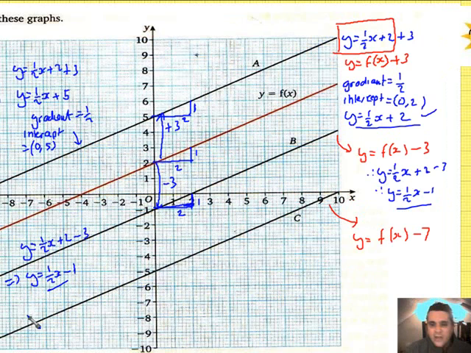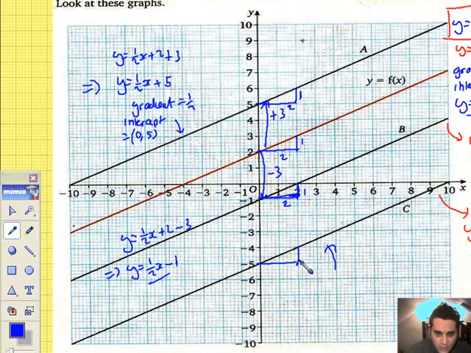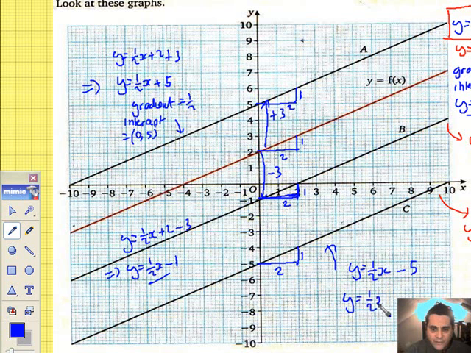And finally we'll work here. Again, the gradient is 1 unit up, 2 units across, 1 in the y direction, 2 in the x direction. The gradient is a half, so I've got y equals half of an x minus 5. Where did I get that from? Well, y equals half of an x plus 2 is my original f of x, and I'm going from plus 2 down 7 units.